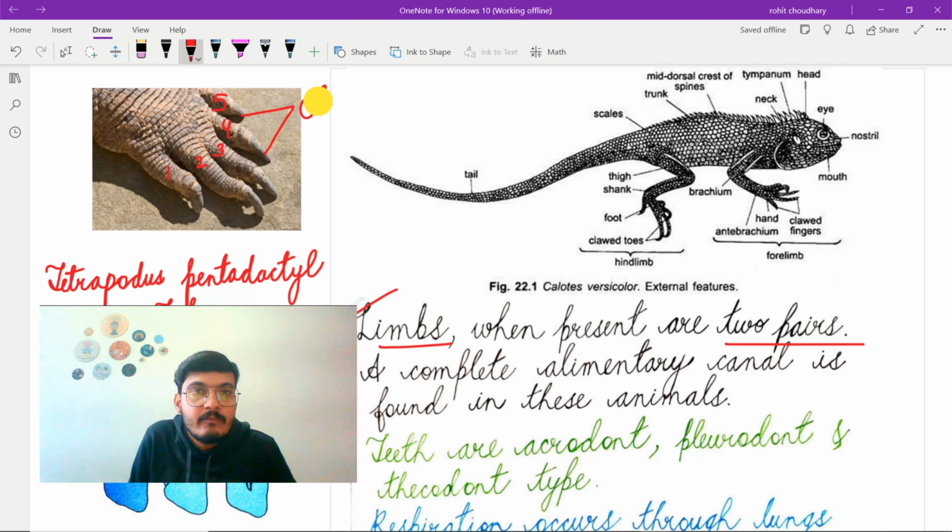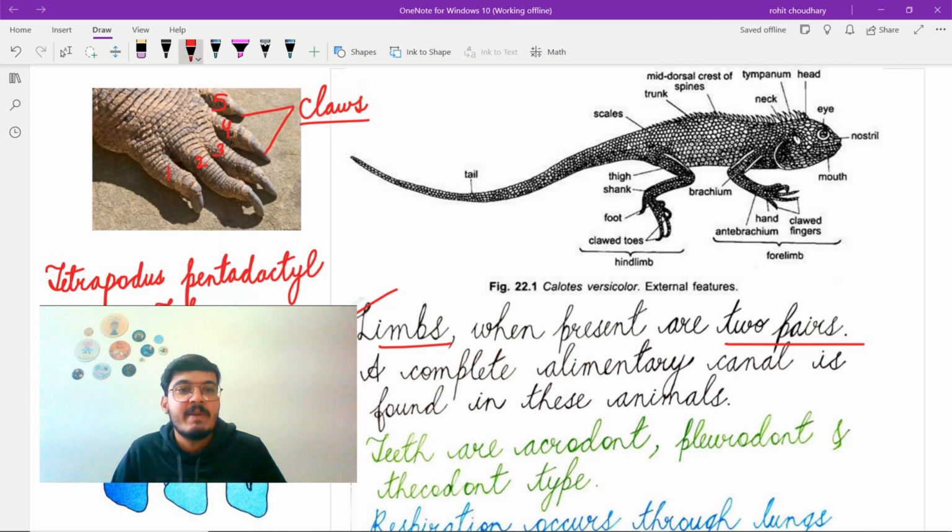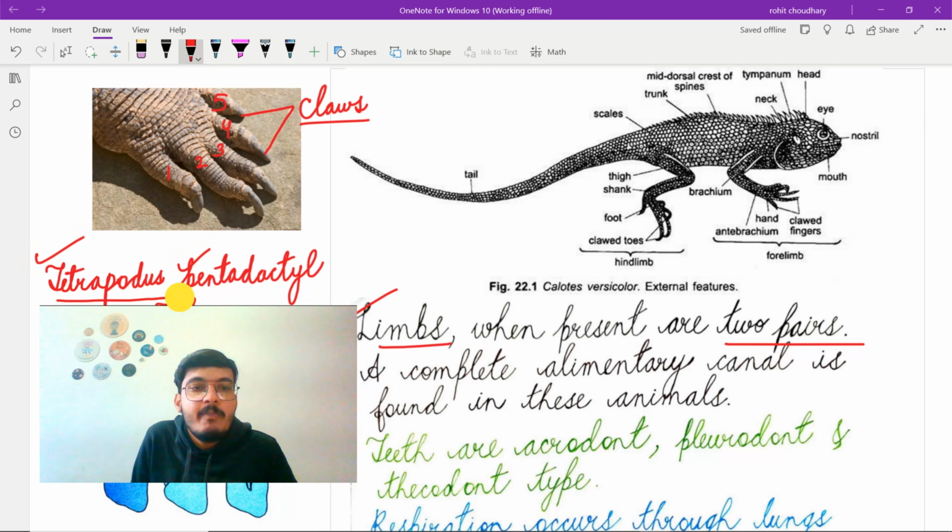Claws are also known as incurved nails. So in total there are 4 limbs present. That's why we call them tetrapods, and pentadactyl means each limb has 5 digits. So collectively we call them tetrapods of pentadactyl type.